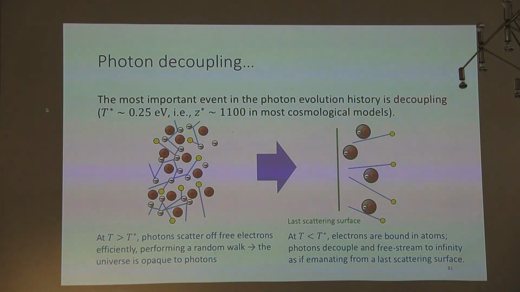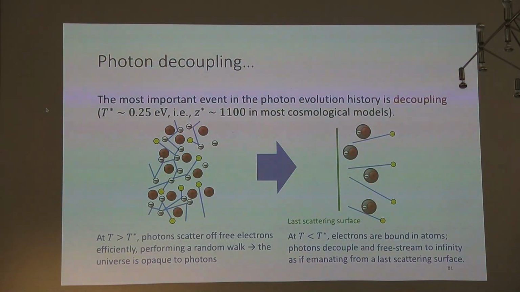Over here on the left-hand side, you have high temperatures above the decoupling temperature, which I call T star. So star indicates decoupling, which is at about 0.25 electron volt. If you want to consider it in redshift, that's about a redshift of 1,000 in most models that are close to what we call lambda CDM today.